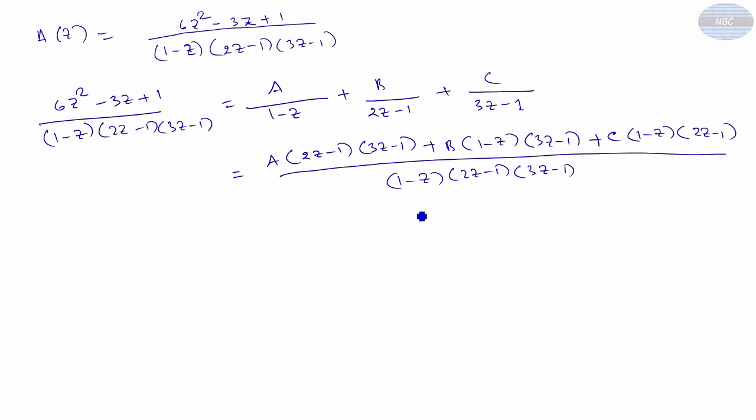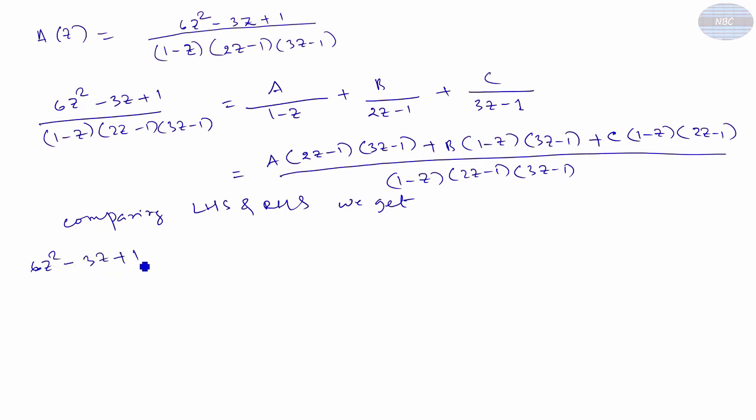Okay, so in the above equation we have the denominator same, so we will compare the left hand side and right hand side. So since the denominator is same, the numerator will be same, so we get 6z square minus 3z plus 1.